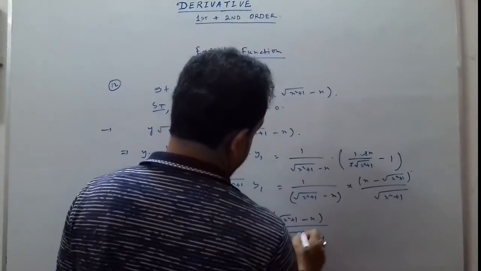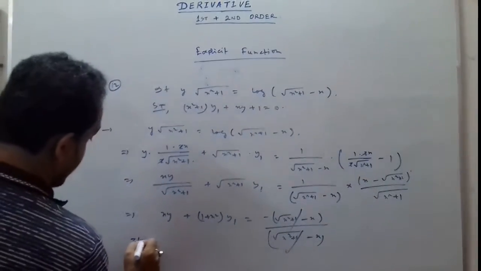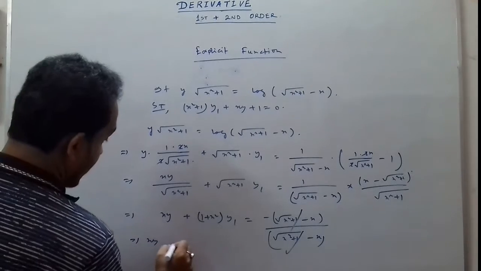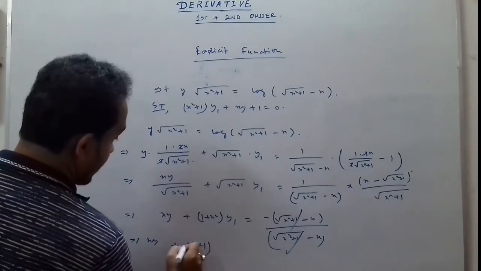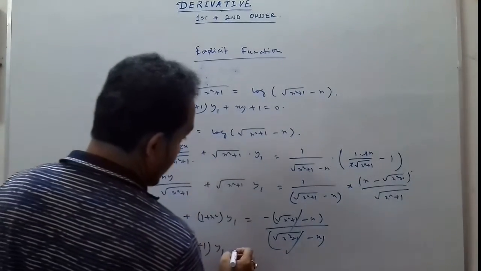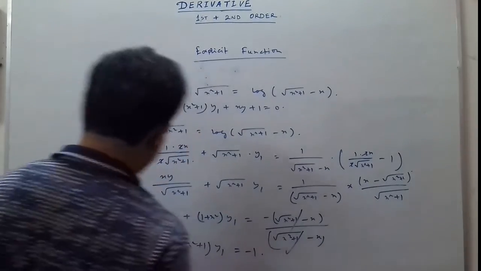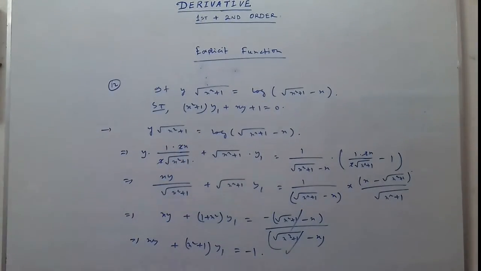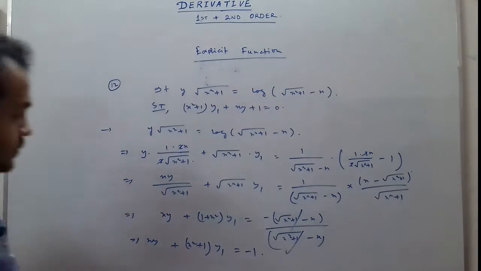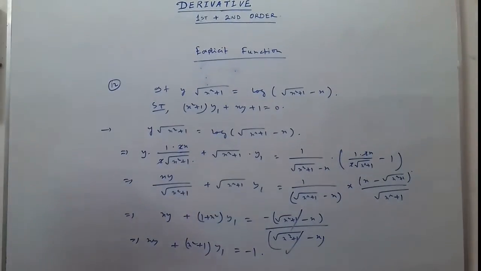This one we cancel, minus 1. So we get xy plus x square plus 1 into y1 is equal to minus 1. Hence proved.